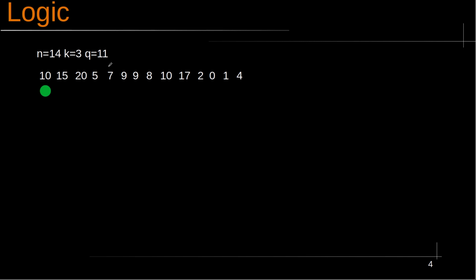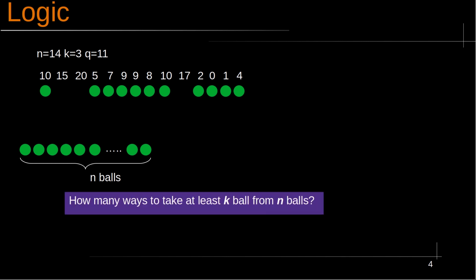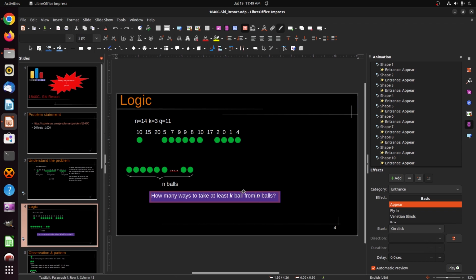We have one ball here, here we have 6 balls, and here we have 4 balls. So if we have n balls, the question is: how many ways are there to take at least k balls from these n balls?